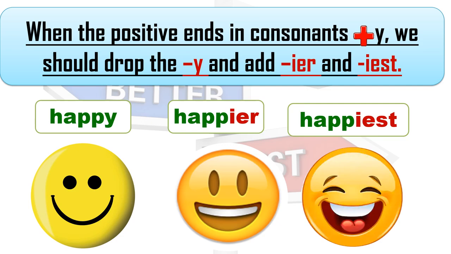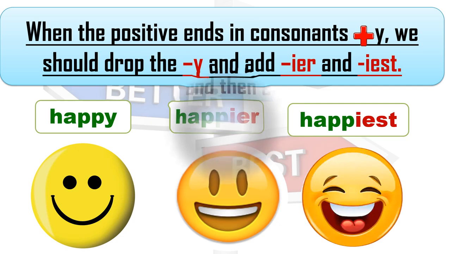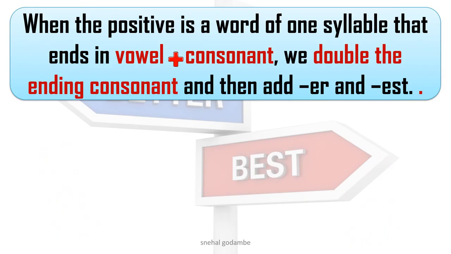Let's move to the next rule. When the positive is a word of one syllable that ends in vowel plus consonant, we double the ending consonant. Listen very carefully and try to understand. We double the ending consonant and then add ER and EST.